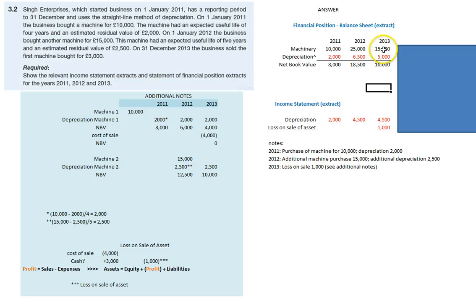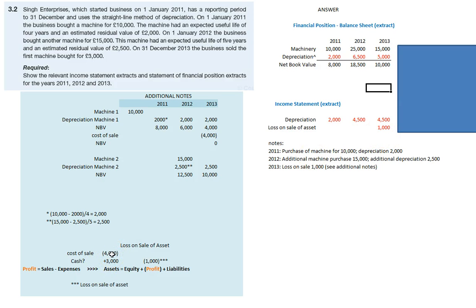We've got 15,000, we've got two lots of 2,500 in there, and our net book value is going to be 10,000. On the income statement, we do have a full year's depreciation for both machines there, so that's the 4,500. And then we have the loss on the sale of the asset, which, as we've explained down here, we've got our cost of sale.